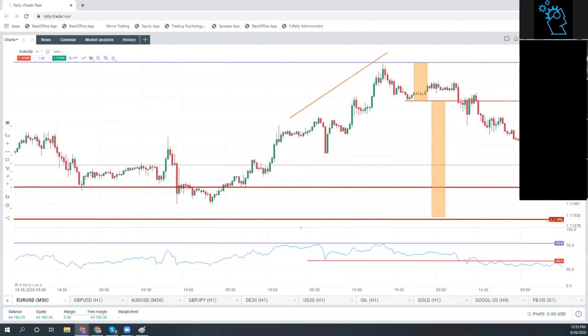As I was saying before, 1 hour, 15 minutes, 30 minutes, H4, you can use this strategy on any time frame that you want, on any instrument that you want. You need to understand it and test it, because if you change the time frame, you should also adapt the RSI a bit to be smoother or more sensitive. But this is only based on your trading style and the way you analyze the chart.